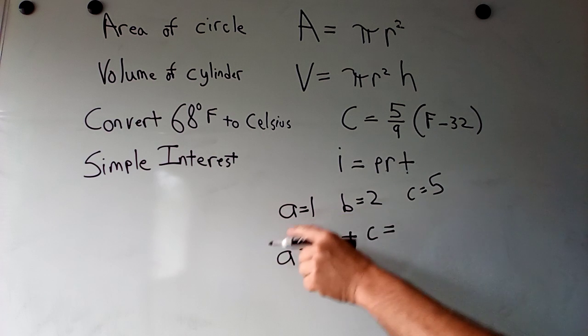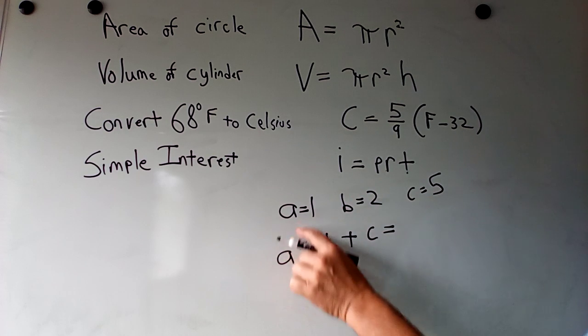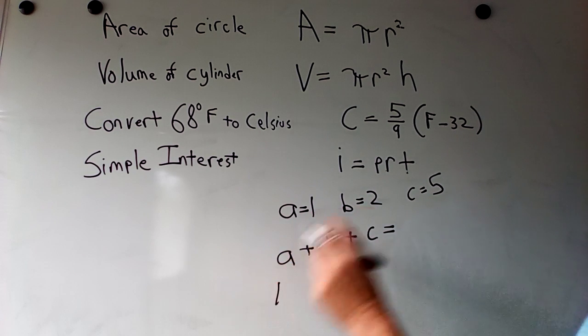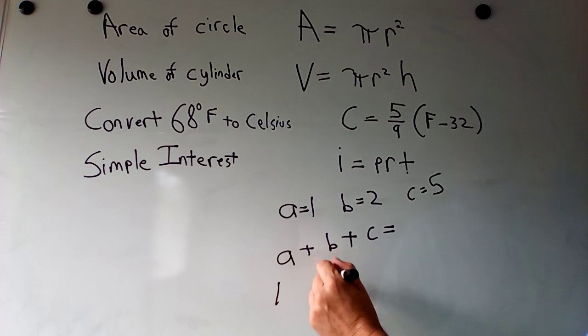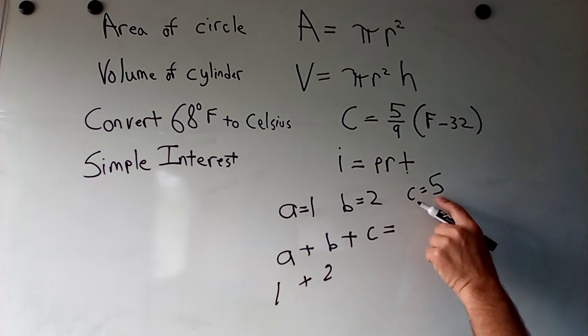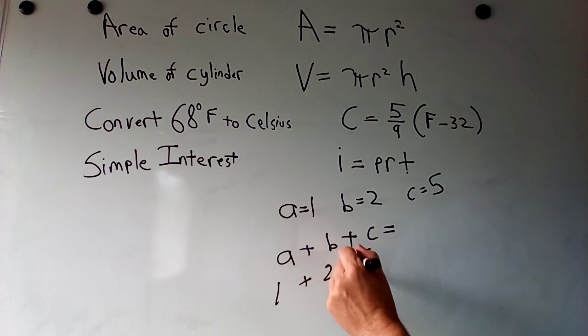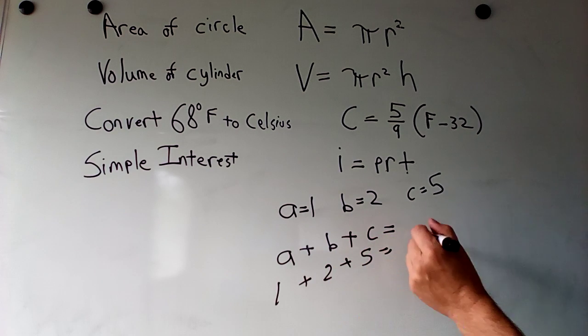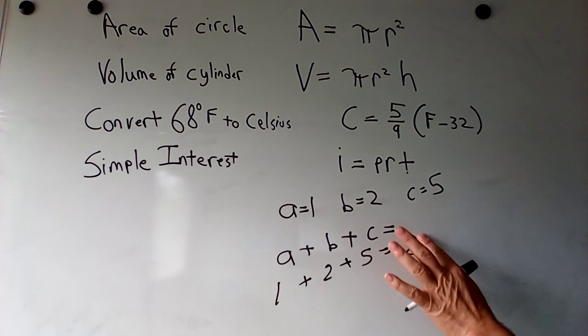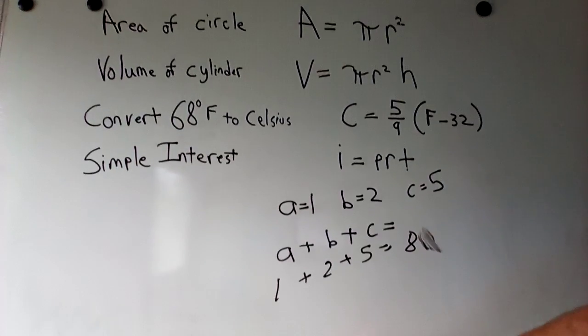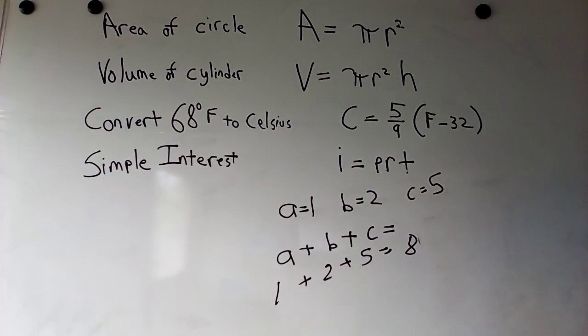Well, then you just plug in the appropriate numbers. So you plug 1 in for A, you plug a 2 in for B, and you plug a 5 in for C. And you would add those together, and that would equal 8. Oh, 8, not 80. I don't know where that came from. So that's the same concept of how you'll work these problems.